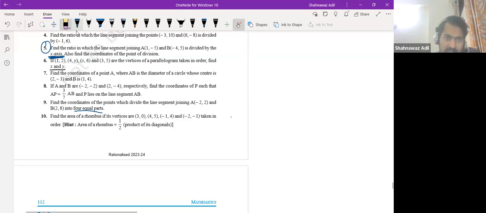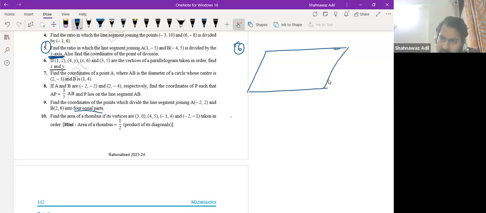So the vertices are (1, 2), (4, y), (x, 6), and (3, 5).